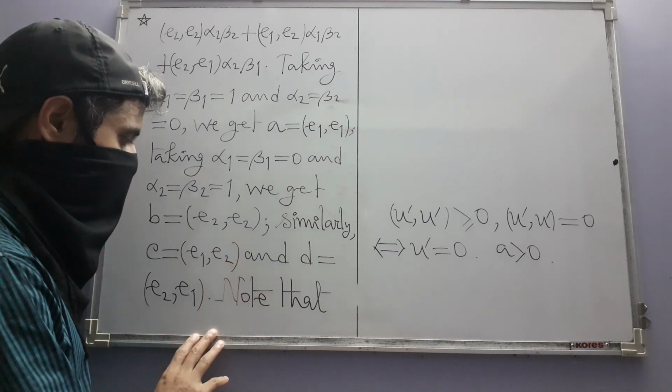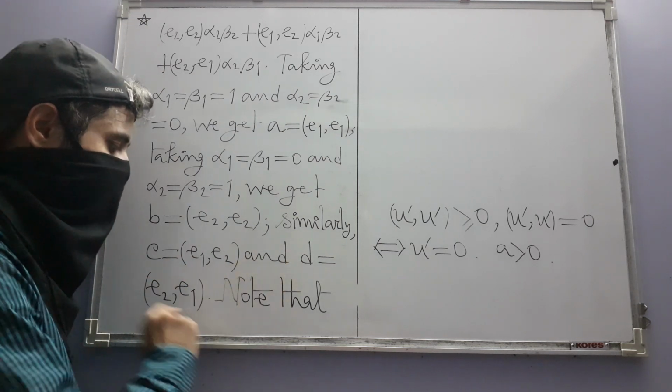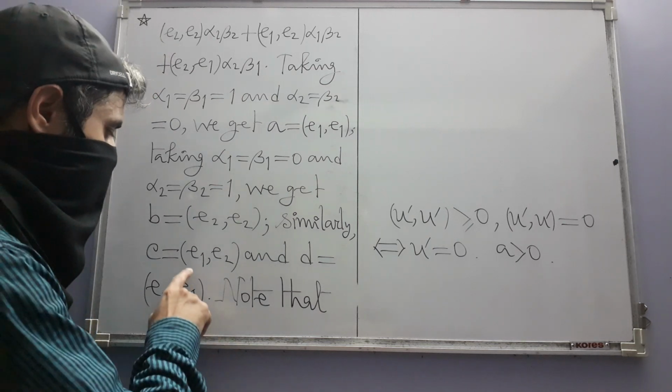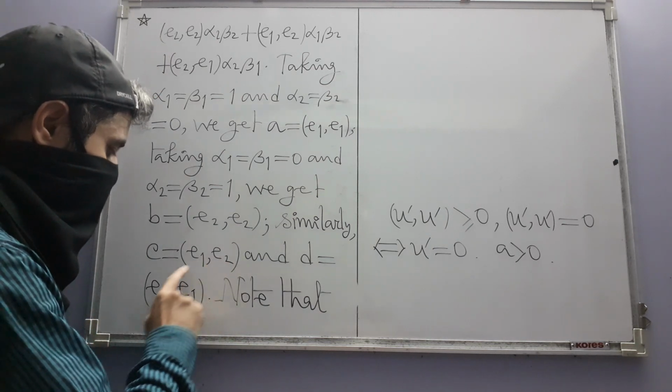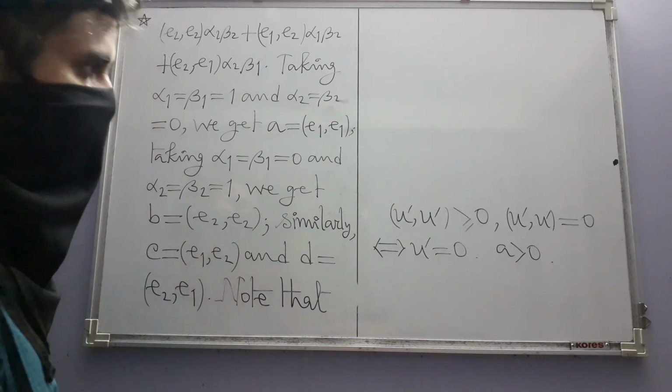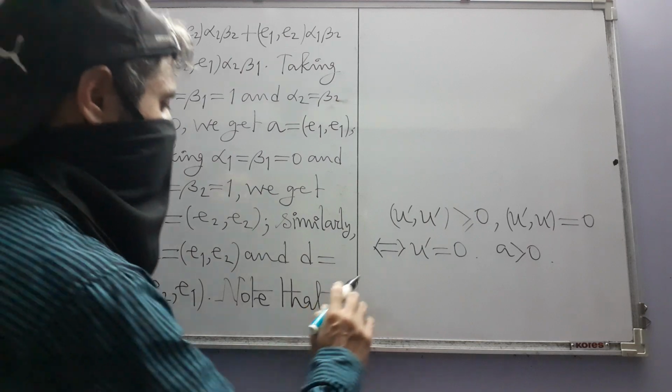What else can we say? C is equal to D, because we are in a real inner product space, so it does not matter if you change the order of the vectors in the inner product function. So now we are going to write these conclusions.